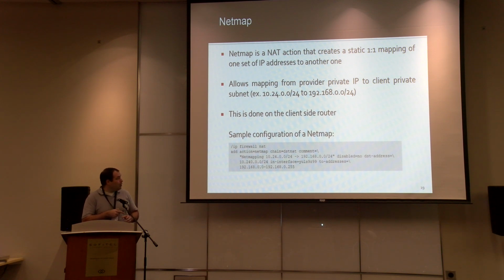Let's say I'm going in with 24.0.20, it's going to go to the 192, and same thing for 254. It's the whole subnet that is being natted to the destination NAT to the proper IP.